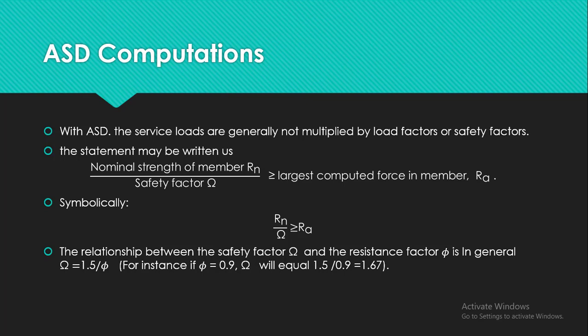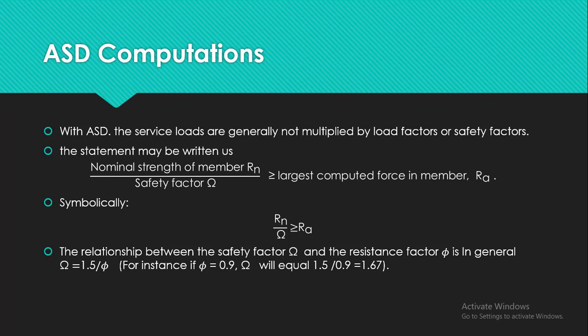With the ASD, service loads are generally not multiplied by load factors or safety factors. Rather, they are summed up as is for various feasible combinations, and the largest value so obtained is used to compute the force in the members.